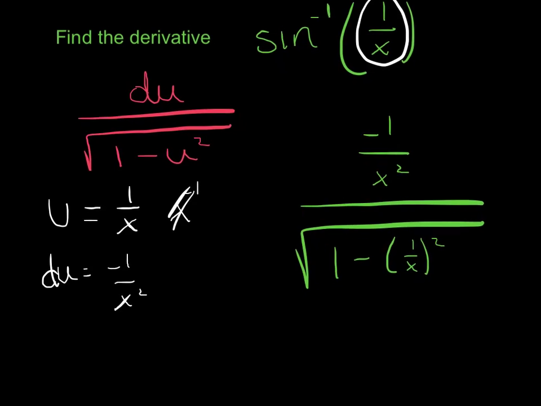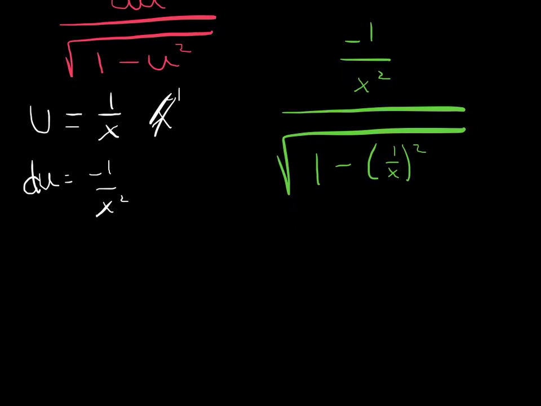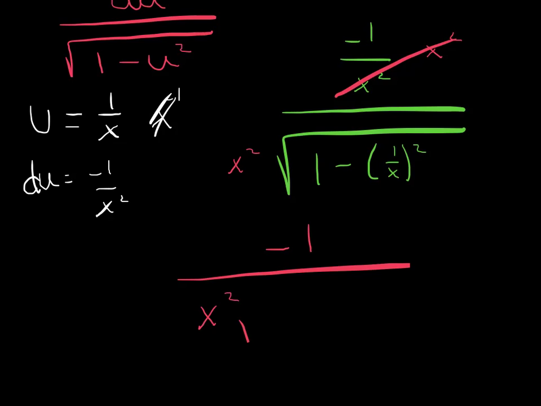But on the multiple choice, we do have to kind of match their answer. So the first thing I'm going to do is, would you agree I could multiply both of these by x squared, and that would reduce this here. So I'm going to say I get negative 1 over x squared of this junk, and I'm going to square that, so I'm going to say 1 minus 1 over x squared.